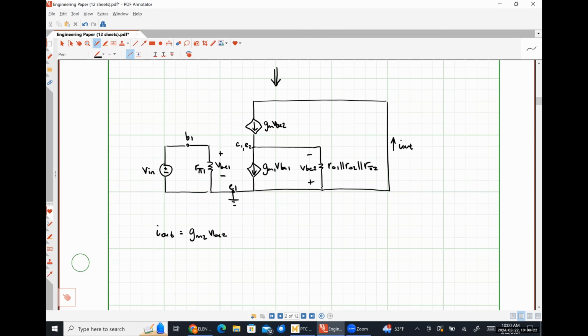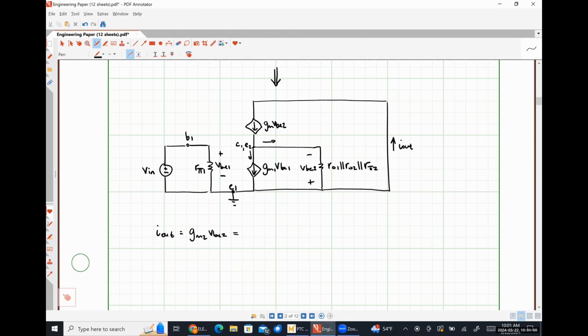Nothing particularly wild or crazy there. So I out is equal to GM2 VBE2. And applying KCL, we could say that GM VBE2 is going to be equal to this current flowing out and this current flowing out, right?